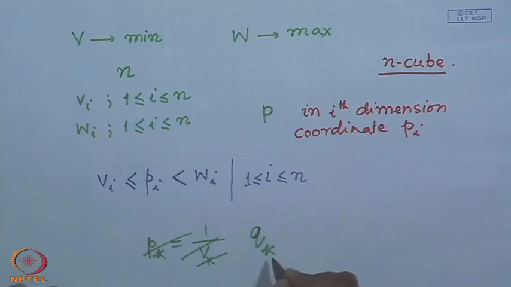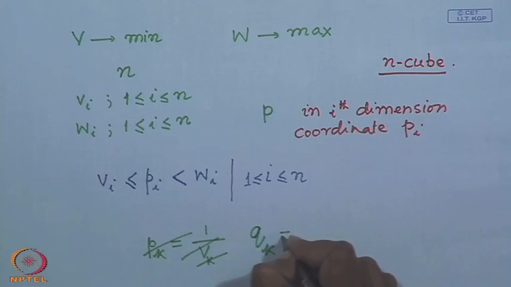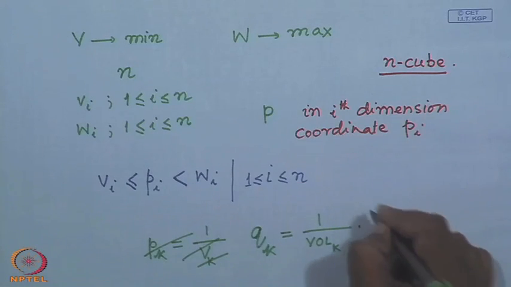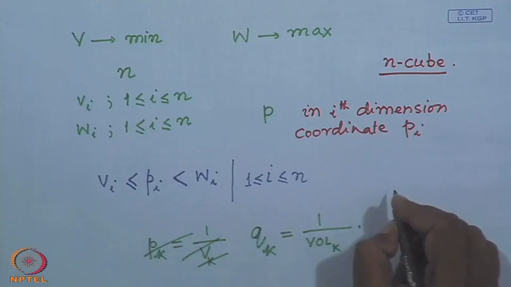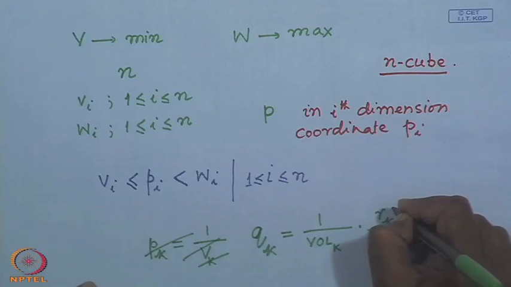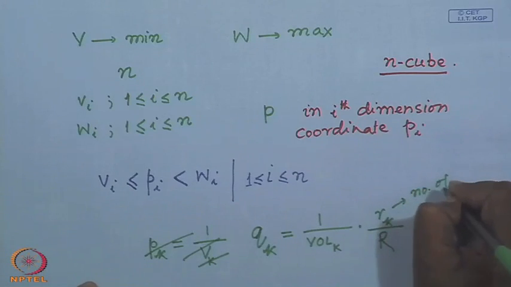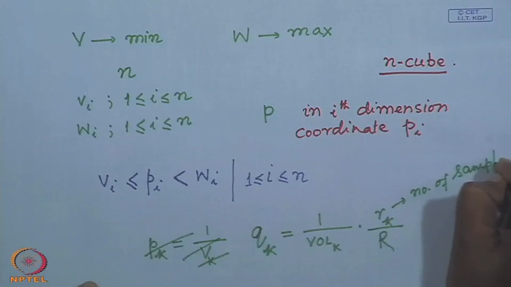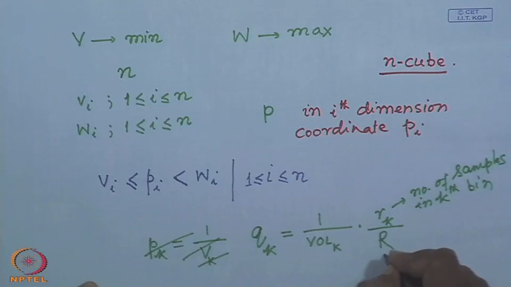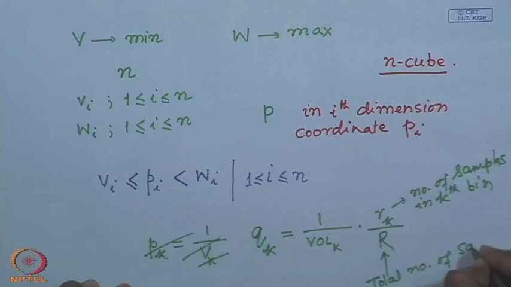So, Qk, which is the probability that a sample falls under the kth bin, is simply given by 1 upon Vk, which is the volume of the kth bin, times Rk upon capital R, where Rk is the number of samples in the kth bin, and R is the total number of samples.